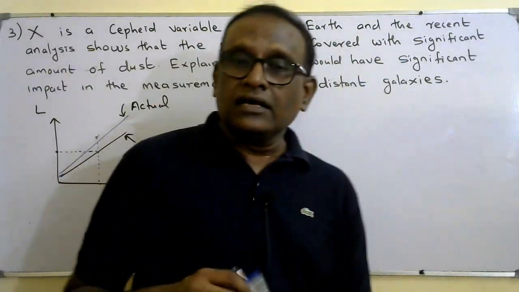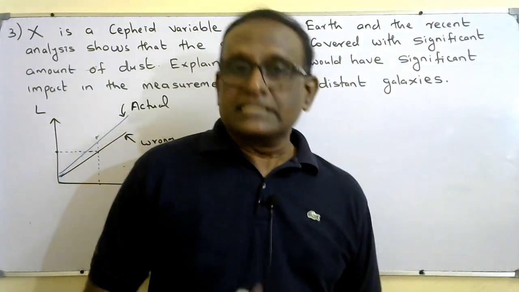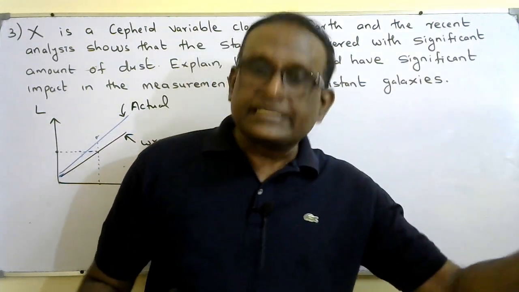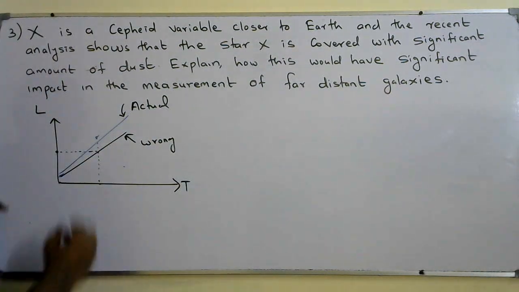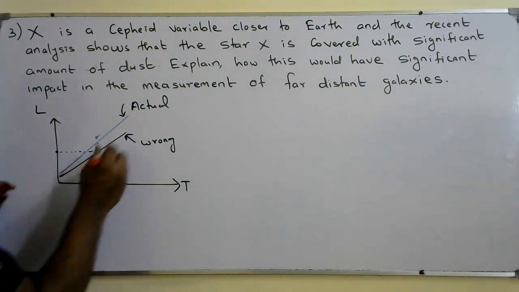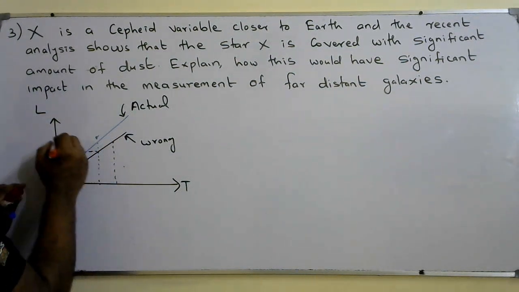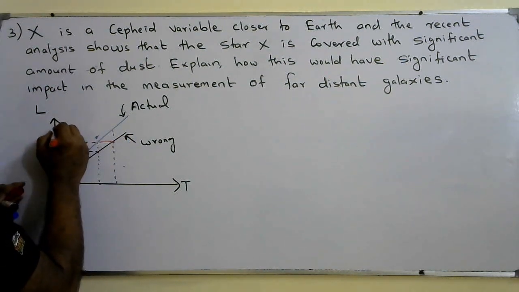Now we are focusing a telescope on a far distant galaxy, and we search and find a Cepheid variable, and we measure its time period. For that particular time period, we earlier got this much luminosity, but the actual luminosity should be this much.